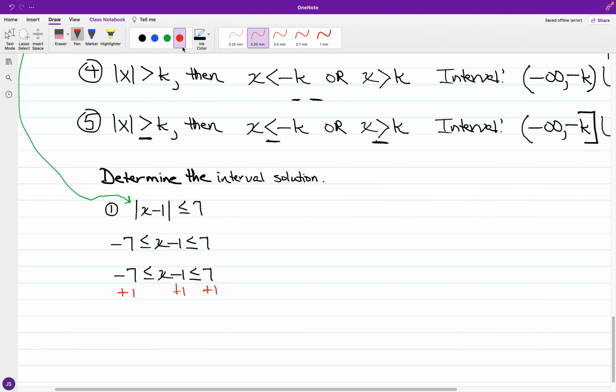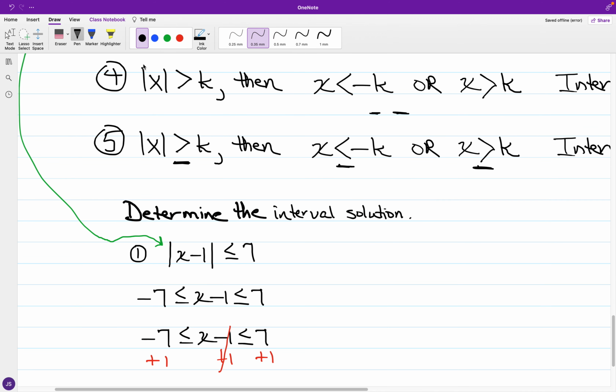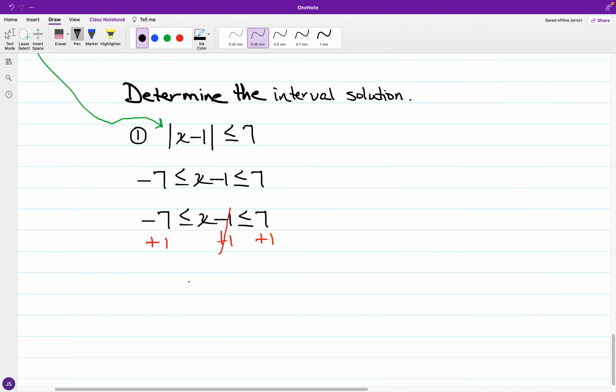And for what we have in following through, you have negative 7 plus 1. So this will be negative 6. Negative 6 in turn is going to be less than or equal to x, and x is going to be less than or equal to 8.